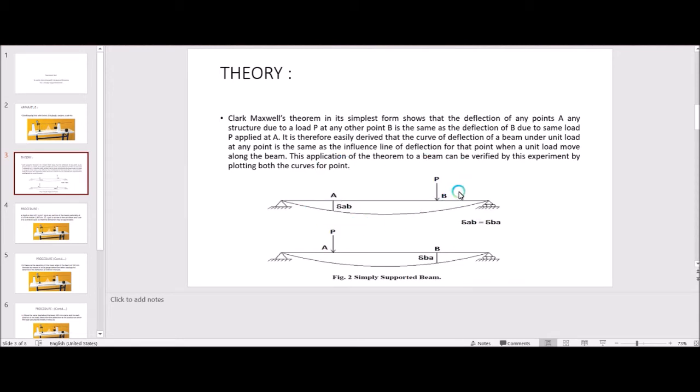In condition 2, if we apply the same load at point A and measure the deflection at point B, the deflection at point A due to the load at point B must be equal to the deflection at point B due to the same load applied at point A. Okay, so this is Clark-Maxwell's theorem, that the deflection will be the same. Either you apply the load at point B and measure the deflection at A, or you apply the same load at A, the deflection at point B will be the same.